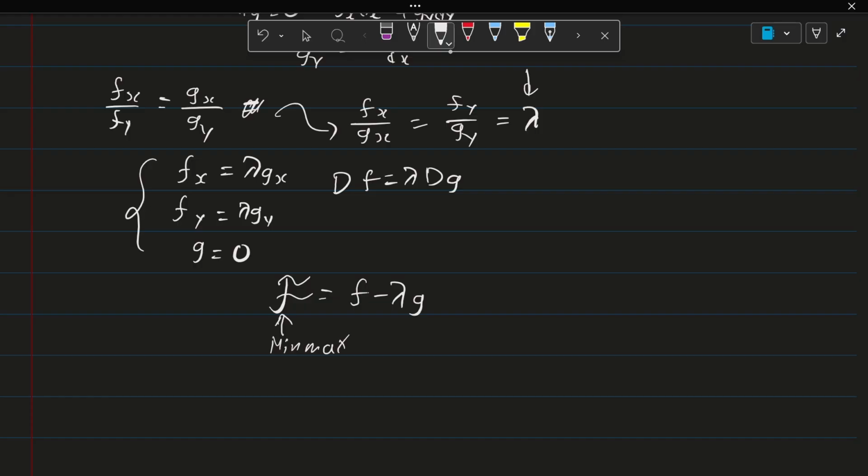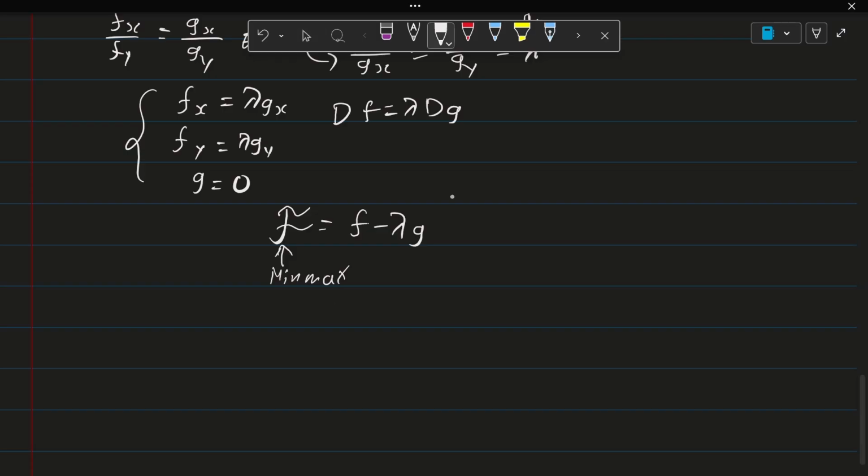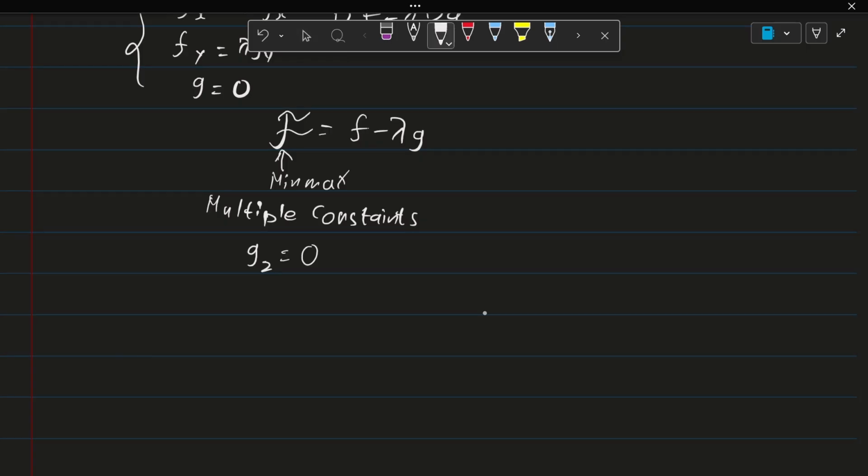So that's the idea. After you have figured out this entire thing, maybe we could add some more ideas. Maybe if we have multiple constraints, we just need to add many more Lagrangian multipliers. If we add another constraint, g2 equals 0, what we could do is use our previous min-max problem and subtract the new Lagrangian multiplier.